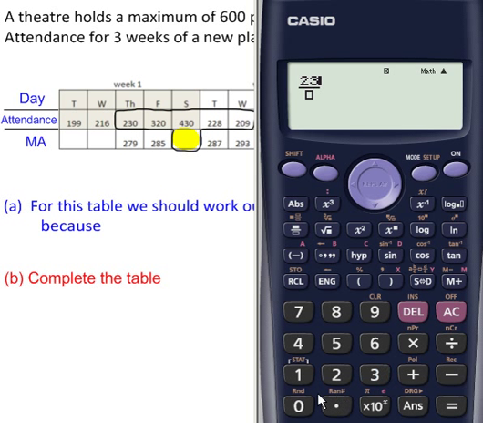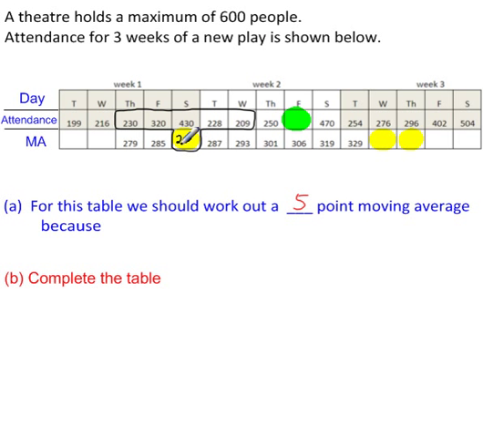So we have 230, that value there, plus 320, plus 430, plus 228, plus 209 over 5, because there's 5 values, it's a 5-point moving average. As you can see, there are no decimal values for the moving averages, so we should round this to an appropriate degree of accuracy, which is just following the rest of the values in the table, 283. So this value here is 283.